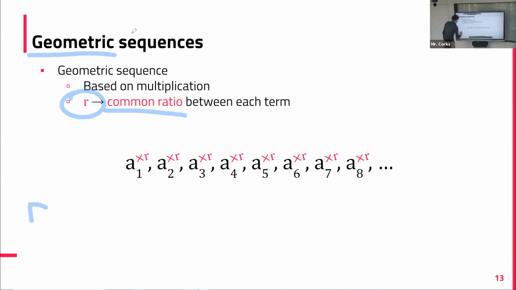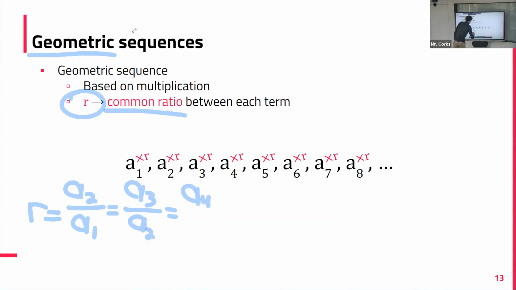Just like we had with our D value, R is going to be equal to A2 over A1. That's of course equal to A3 over A2, A4 over A3, etc. So if we divide any two sequential terms, we'll get back to our R value.